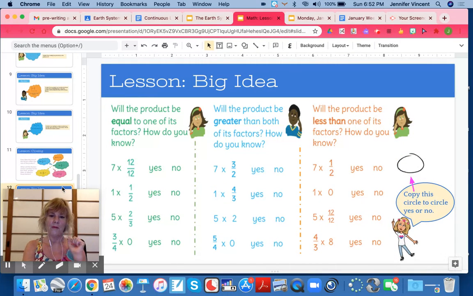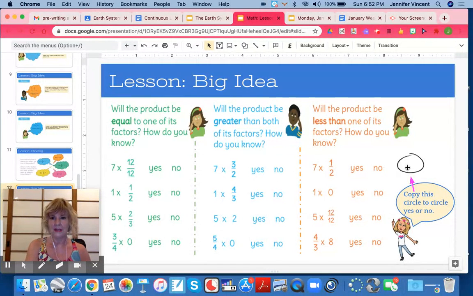So we have one last task for you today, and this is kind of a review over the big ideas. We've got Suki, Jedediah, and Suki again. And the question here, will the product be equal to one of its factors? How do you know?